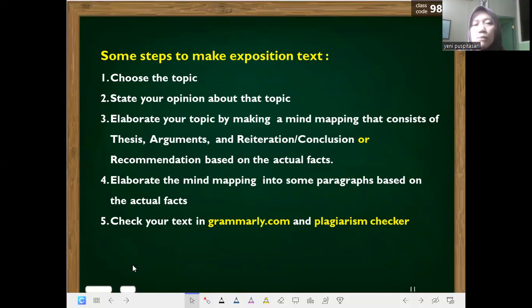After that, you have to elaborate your topic by making a mind mapping that consists of thesis, arguments, and then reiteration or conclusion or maybe a recommendation based on the actual facts. After that, elaborate the mind mapping into some paragraph based on the actual facts. And you can check your text in grammarly.com or maybe plagiarism checker.